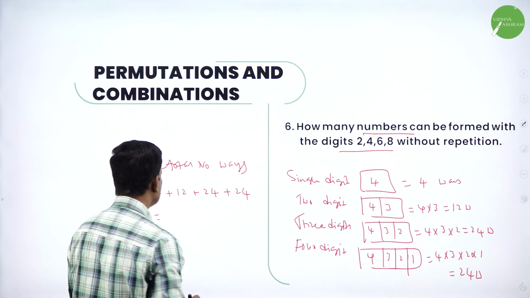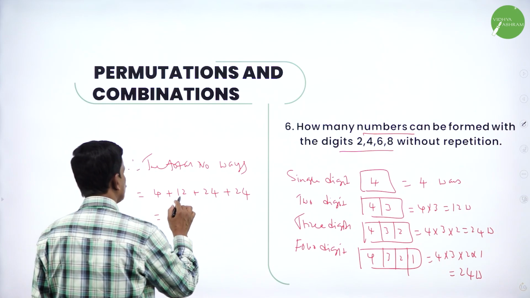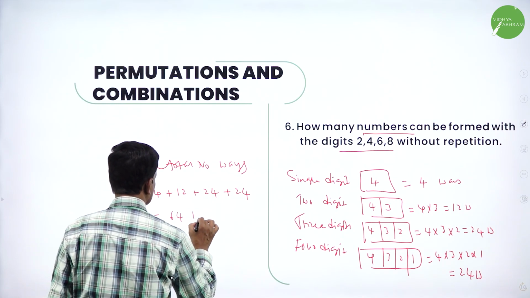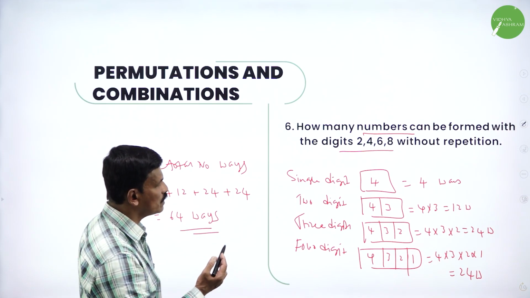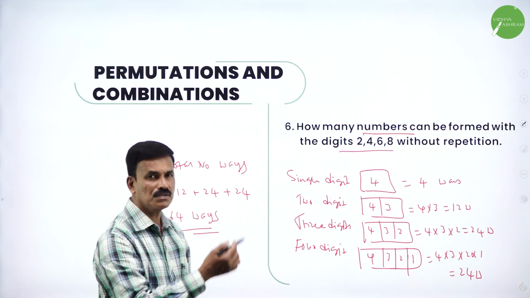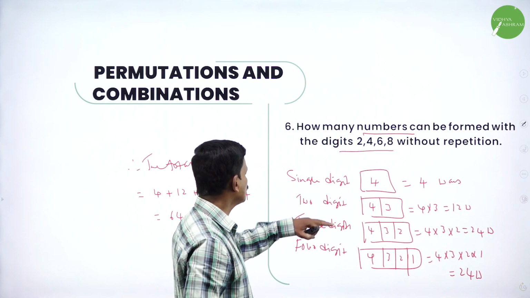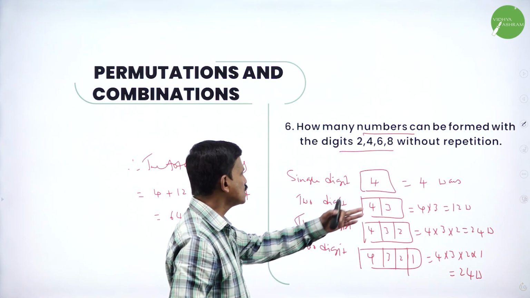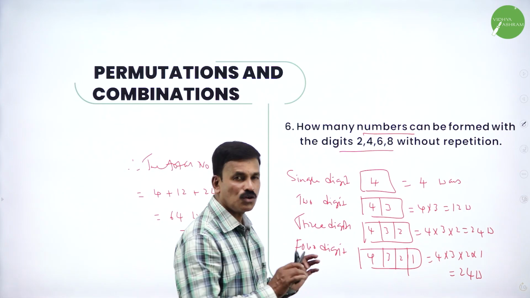What is this equal to? 24 plus 24, 48, 48 plus 12 is 60, plus 4 is 64 ways. That's it. So 64 numbers can be formed without repetition with the digits 2, 4, 6, 8. First find the single-digit, 2-digit, 3-digit and 4-digit numbers, so we get the total as 64 numbers. So hope you followed this.